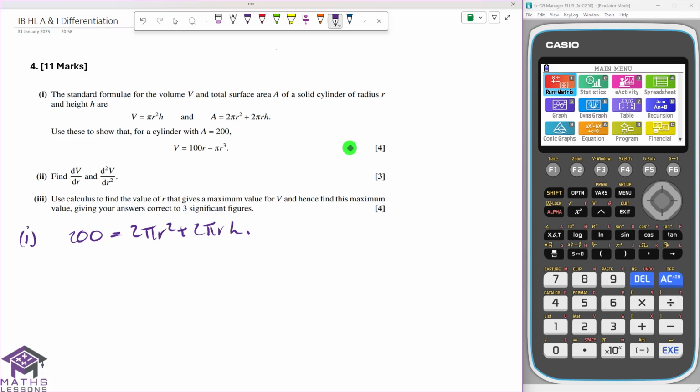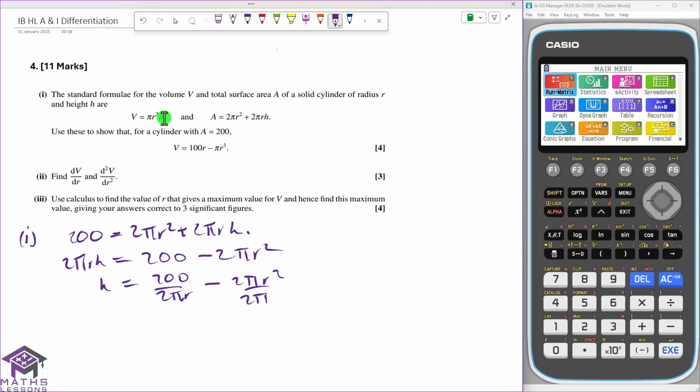Now what you'll see is in this volume formula, there is no h. So we need to get h in terms of r, so we can get rid of the h from the V formula. So if we do 2 pi r h is equal to 200 minus 2 pi r squared, and then we're going to divide throughout by 2 pi r. 200 divided by 2 pi r is this, minus 2 pi r squared over 2 pi r.